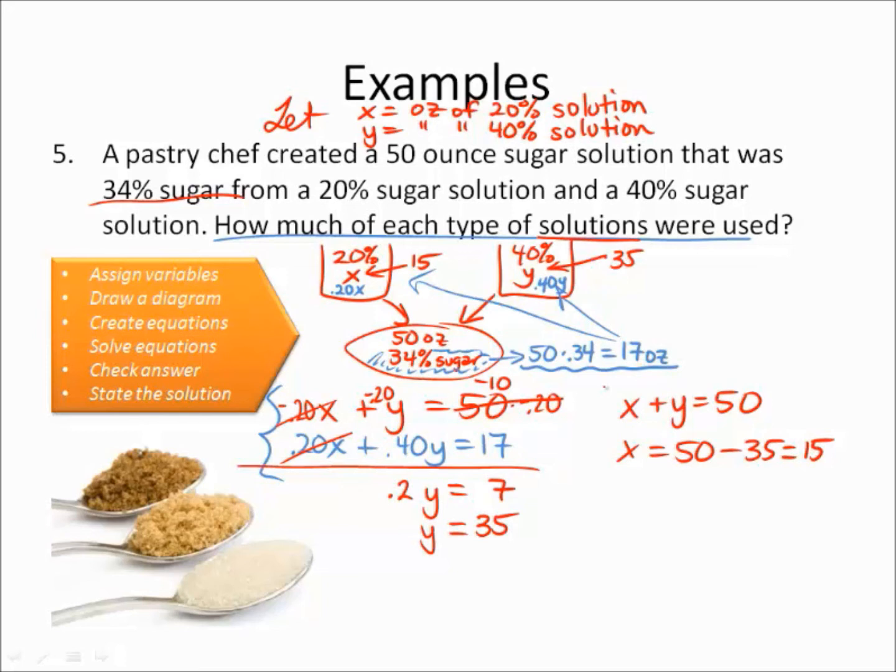Let's take a look. 15 times 0.2 is 3. So there's 3 ounces of sugar here. And 40% of 35 is 14 ounces here.